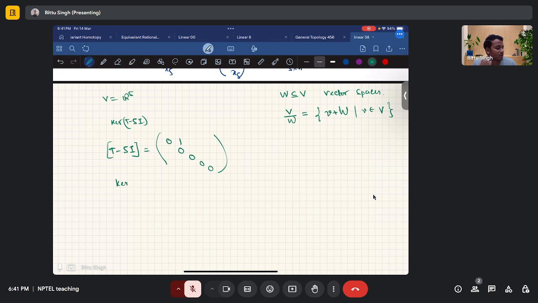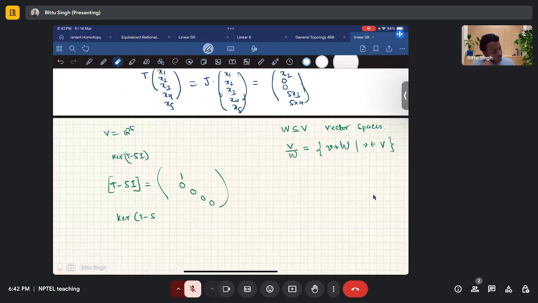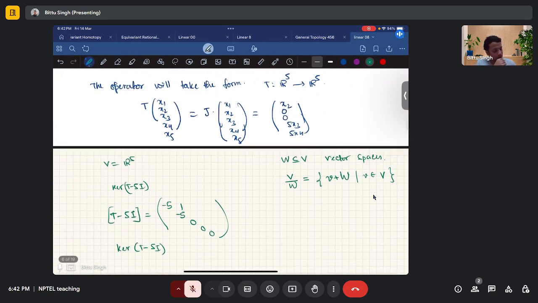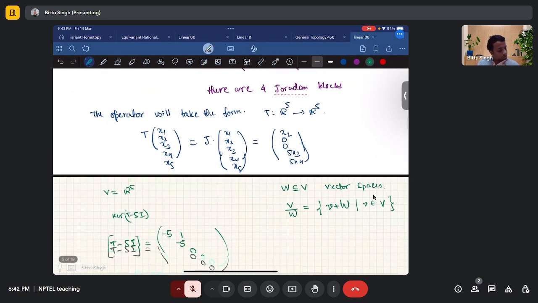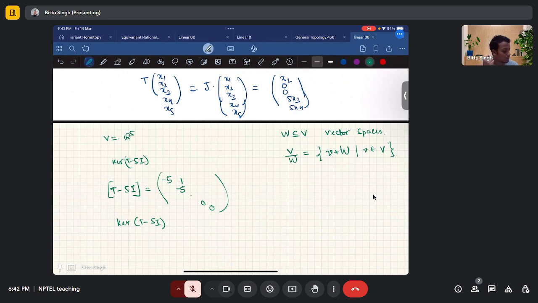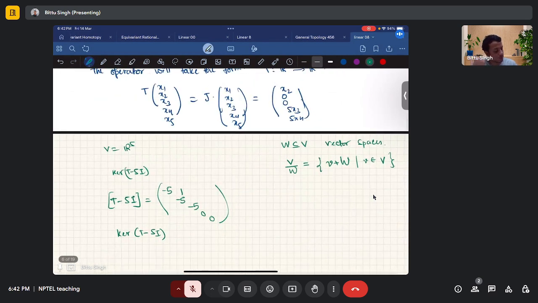Sorry, we need to subtract 5 from the diagonal, so there will be minus 5, minus 5. So this is actually 3 dimensional. There is another minus 5, just subtract from this j. This is the same as j minus 5.